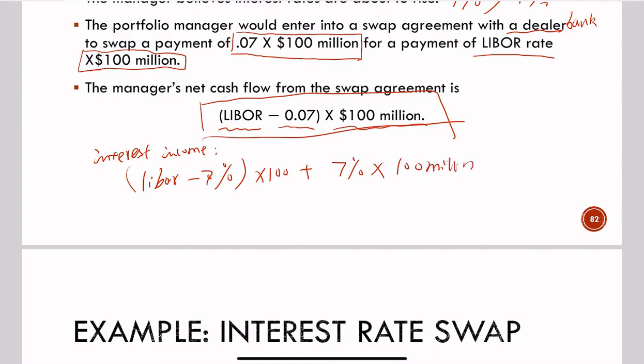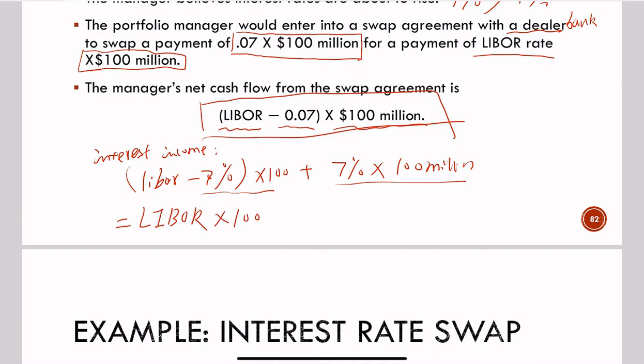And then these two cash flows will just cancel out. So in the end, your interest income is the market interest rate times $100 million.